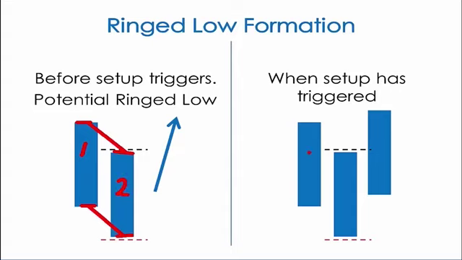Great. So there's your bar 1, there's your bar 2. And the reason why we don't want to see these triggered or confirmed ones, because we've missed them, is because bar 3 should then move higher than bar 2. Now, we place our orders at the end of bar 2, assuming that bar 3 is going to go up.